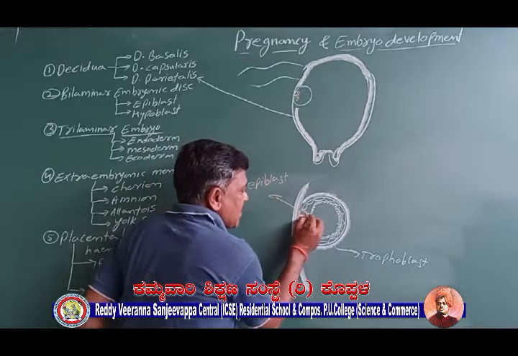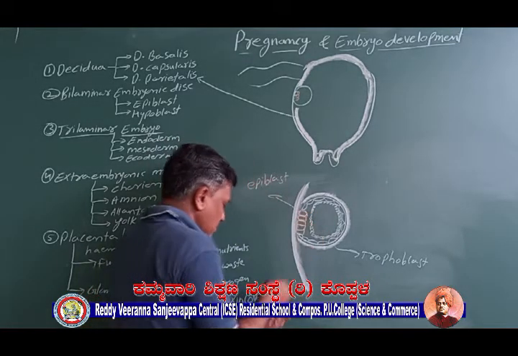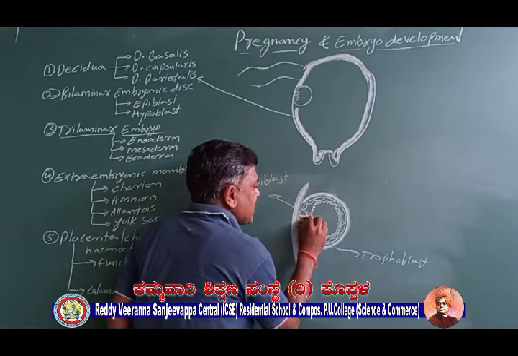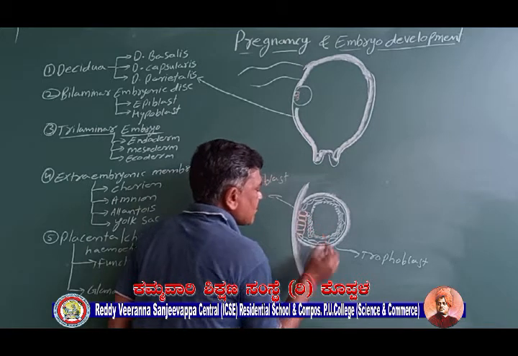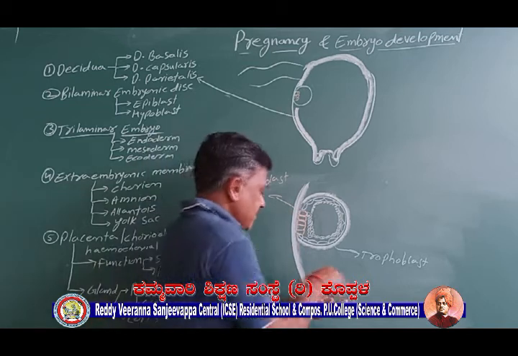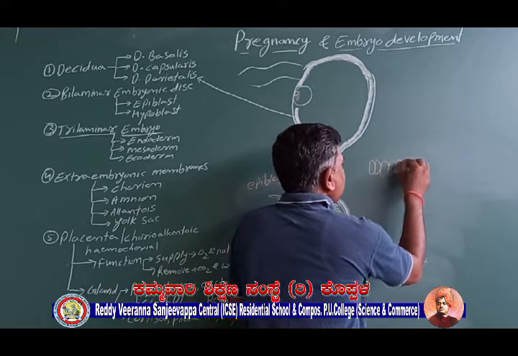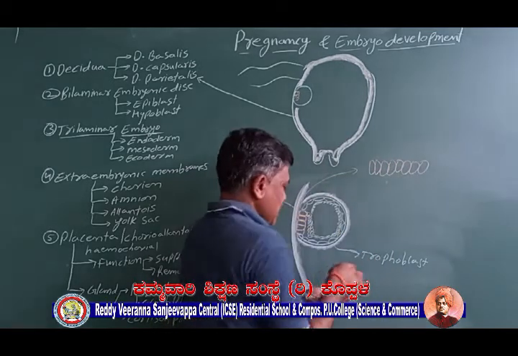Now, some of the cells of the epiblast start showing growth. That means they separate and there is a development of one layer between the hypoblast and epiblast. So if I draw this here, this is the epiblast cells.